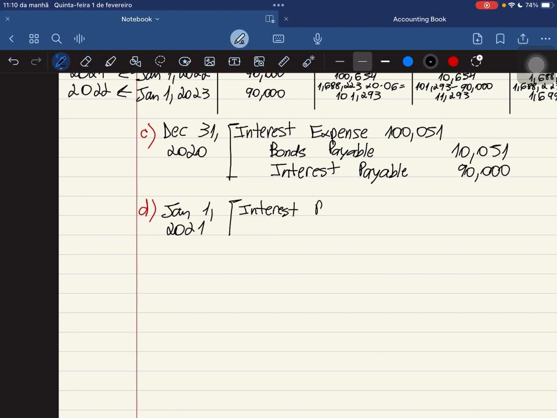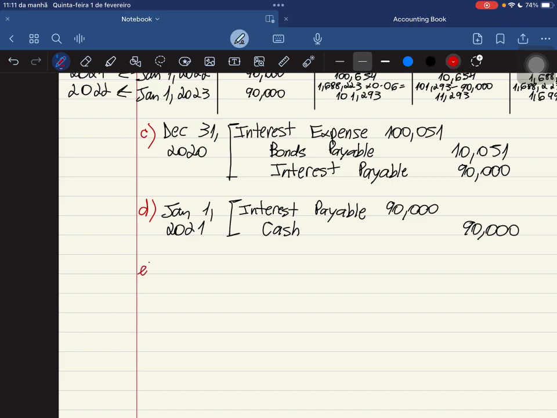So your interest payable has to go down, right? Remember, payables, they're a minus and a plus. So here it is a minus because before I had this amount that I had to pay. I had this interest of 90,000 that I have to pay every year. On January 1st, I'm paying it, right? So I have to reduce this amount that I had to pay. And since I'm paying it, my cash has to go down. And the amount, it is 90,000.